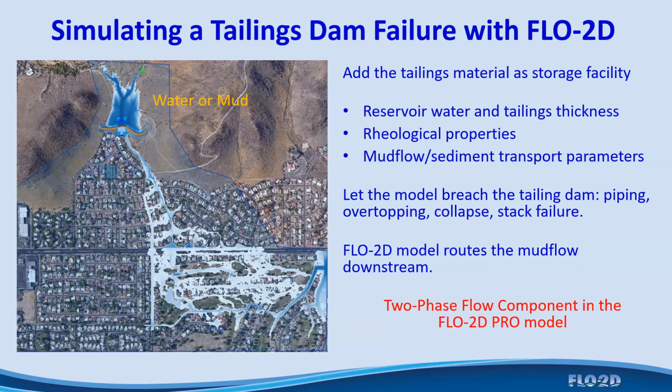With the FLO-2D model, there are different options to simulate a tailings dam failure. If you want to let the FLO-2D model breach the tailings dam facility and calculate the release volume using the hydraulics and the rheological properties of the material and the dynamics of the mud flow, then the tailings material needs to be added to the FLO-2D simulation, as you can see in my image here in the slide.